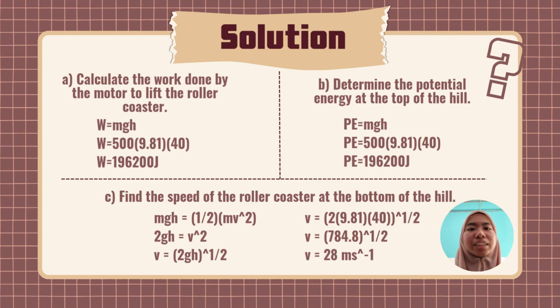The mass cancels out, giving v equals square root of 2gh. Substituting the values, v equals square root of 2 multiplied by 9.81 multiplied by 40. This gives a speed of approximately 28 meters per second.